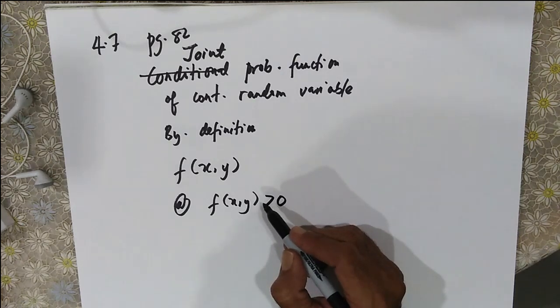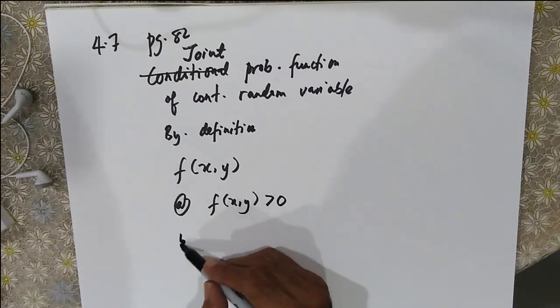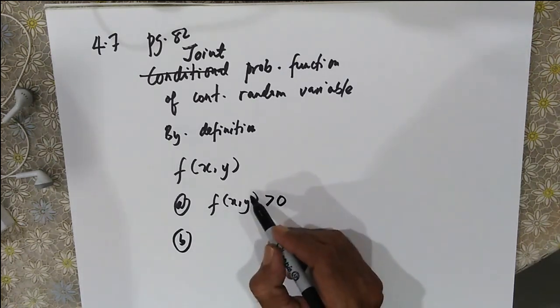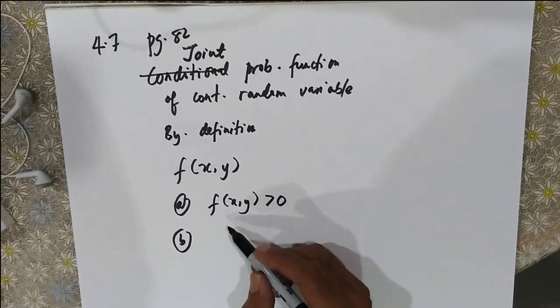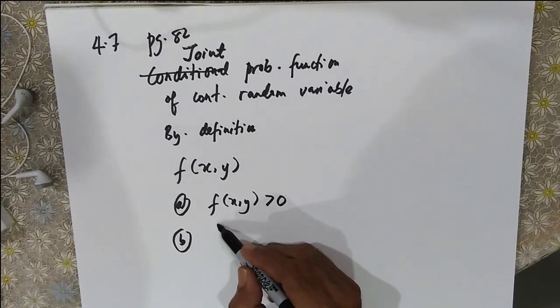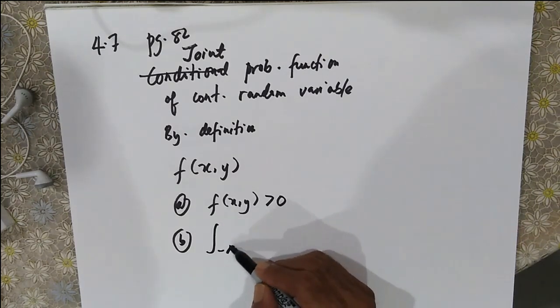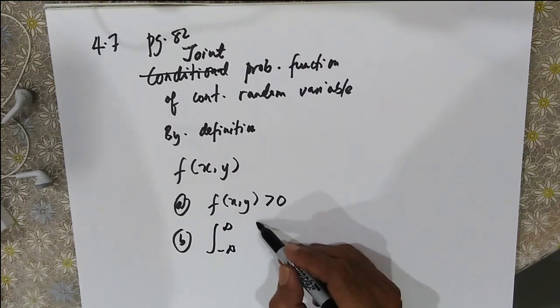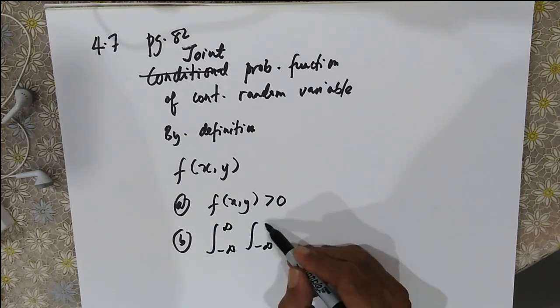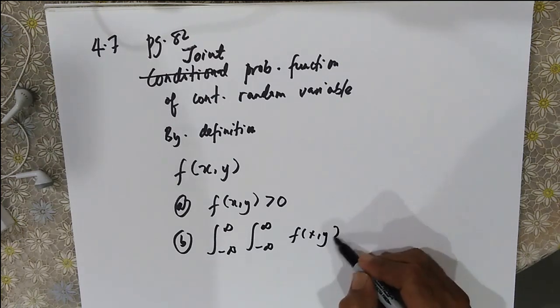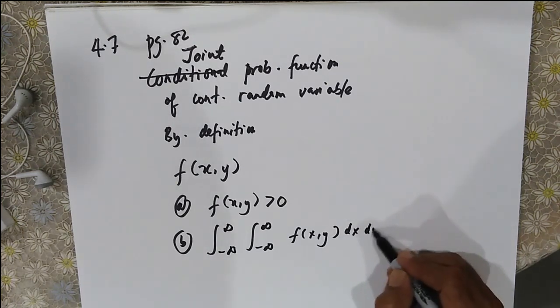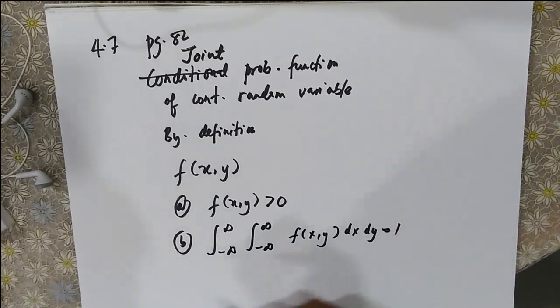Then the double integration, because we have two variables x and y, from negative infinity to infinity and also from negative infinity to infinity of f(x,y) dx dy must equal 1.